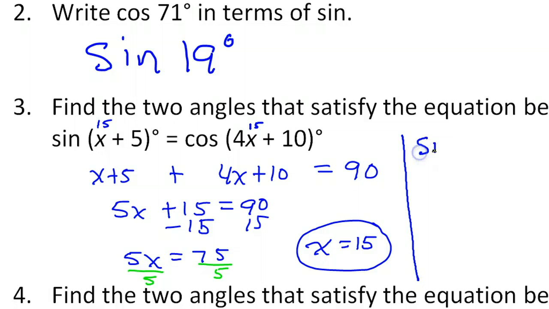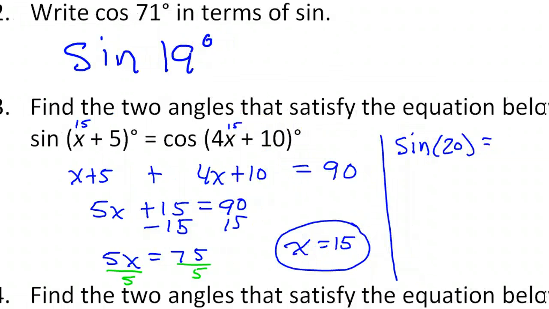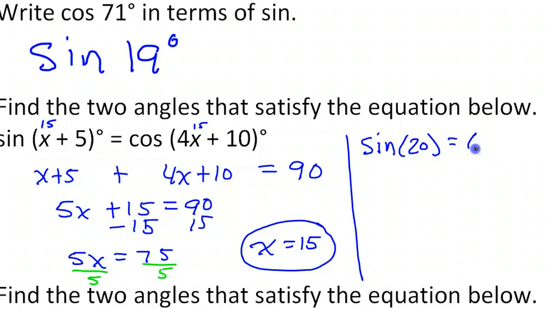So that makes the sine of 20 equals. Now over here, 4 times 15, well, 2 times 15 is 30, so 4 times 15 must be 60. So this is 60 plus 10, so that's 70. Okay, so I've got the cosine.